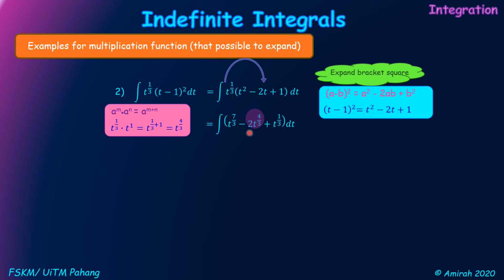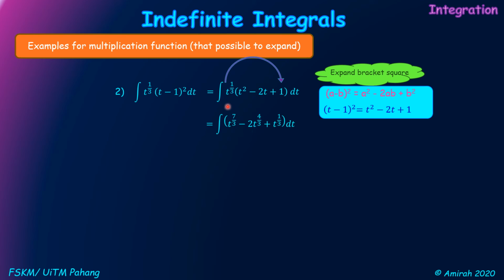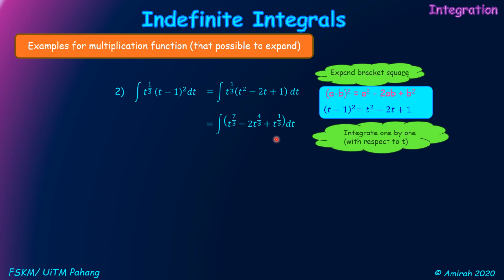We still have the constant 2 in front here. And then we multiply t to the power of 1 over 3 and 1, so we get t to the power of 1 over 3. In between is a plus and minus sign, so we can integrate one by one with respect to t.